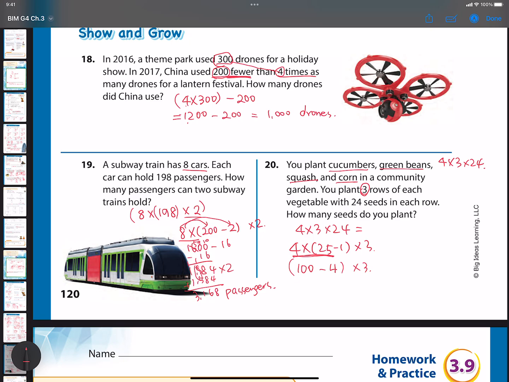So it's going to be what? Oh, and then we can do also another delivery, right? Yeah, that's easier. 300 take away what? 12 is equal to what? 288. How? Let's find out. 300 take away 12. 2, 9, 10, 8, 8, 2. Okay, so how many seeds? 288 seeds. Okay.